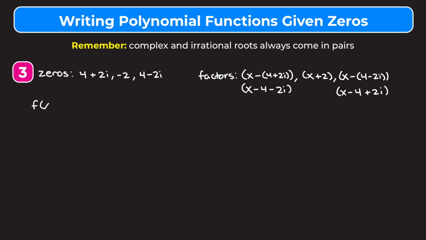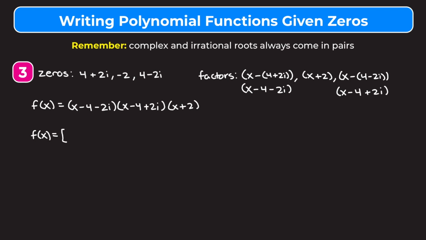So we're going to write our polynomial as the product of all of our factors. So I'm going to write x minus 4 minus 2i times x minus 4 plus 2i times x plus 2. And again, I'm going to use a shortcut to multiply out these two trinomials. So what we want to do is think of our trinomials as broken up like this.